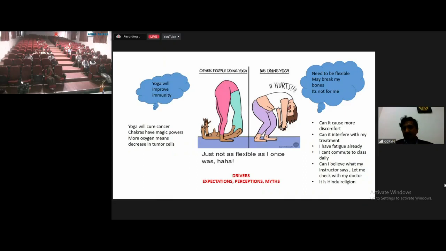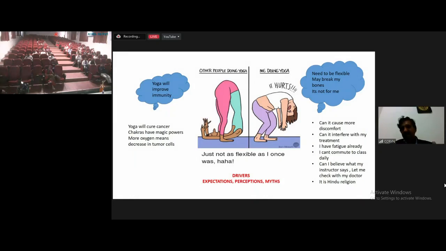If we talk about more oxygen, pranayama, more breathing, more oxygen means decreasing the tumor cells, killing tumor cells. All these beliefs, attributes and perceptions in the patients can really change their decision for doing yoga or not doing yoga. So what's important here is information.